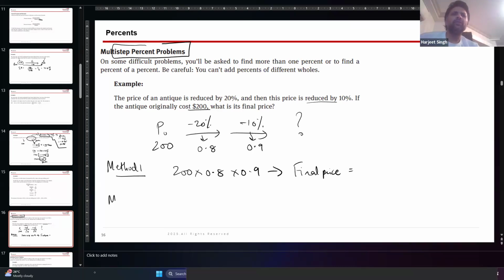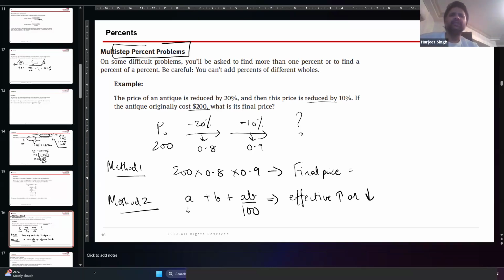Method 2 involves a formula which looks like this. If in the first period the increment or decrement is A, and in the second period the increment or decrement is B, the formula for the effective increase or decrease is this formula.